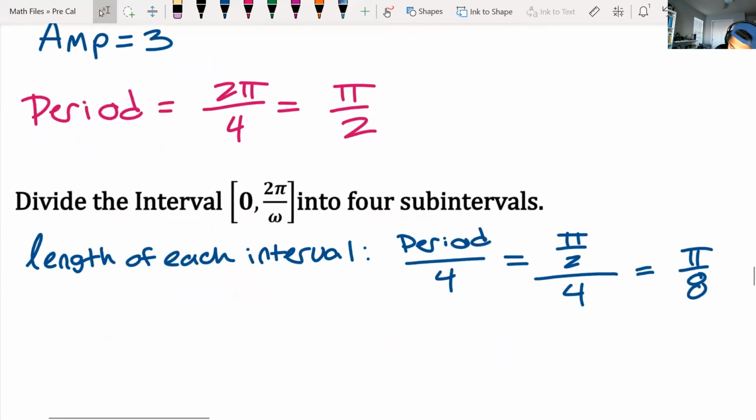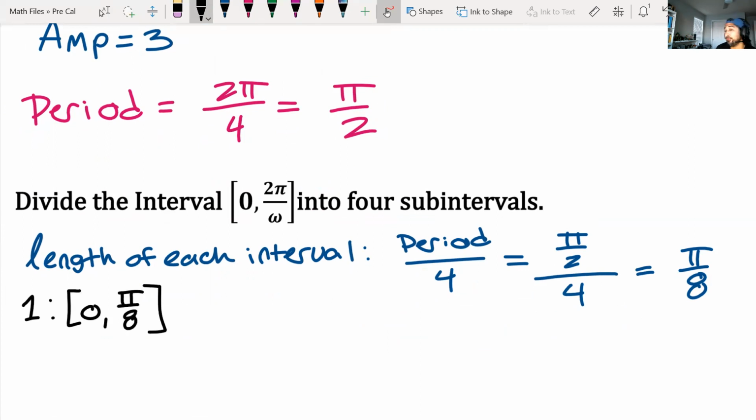So for our first interval, we're going to start at 0, and we're going to add the length of our intervals. What is 0 plus pi over 8? Pi over 8. There's your first subinterval.